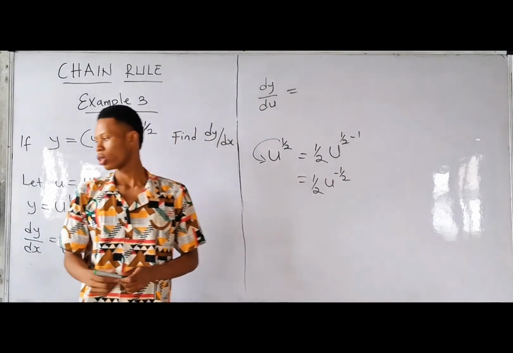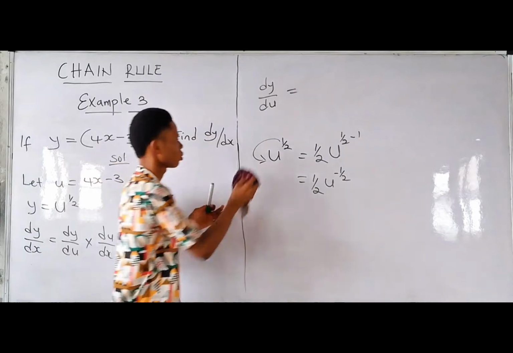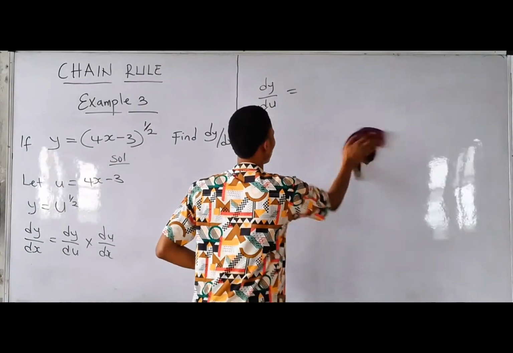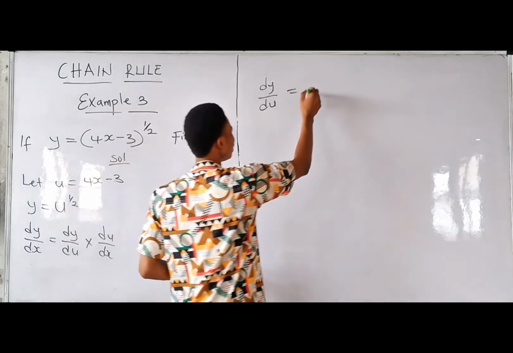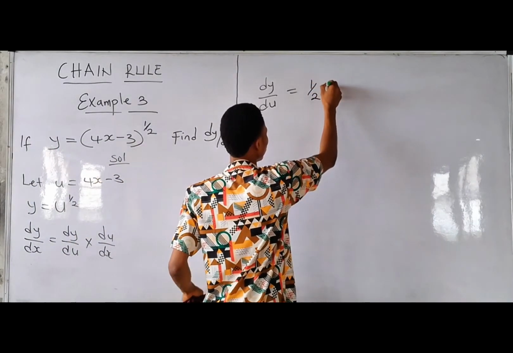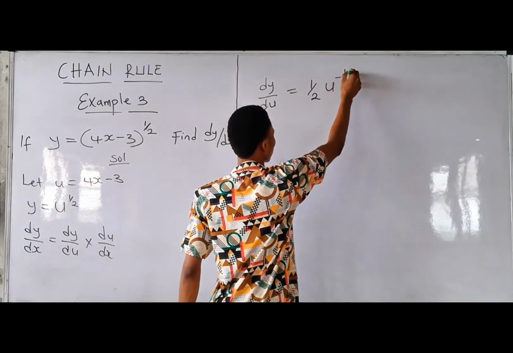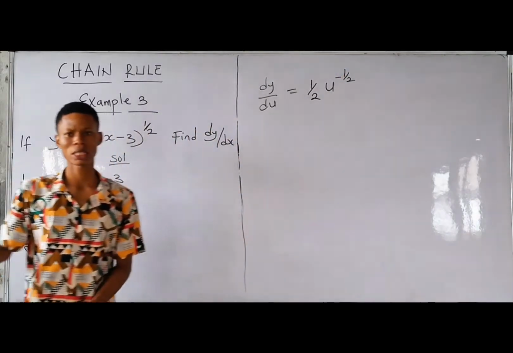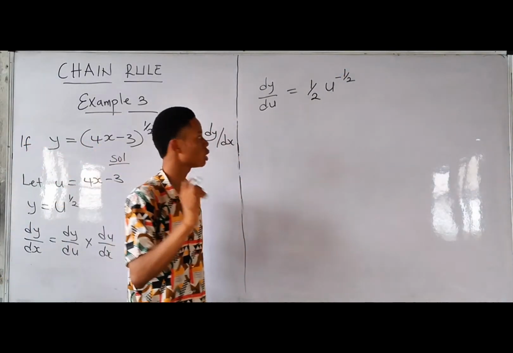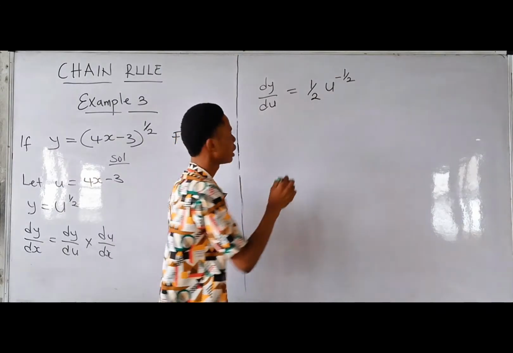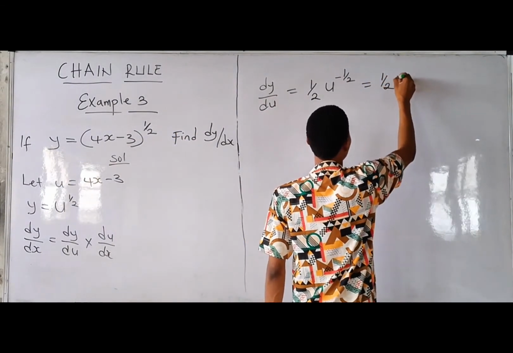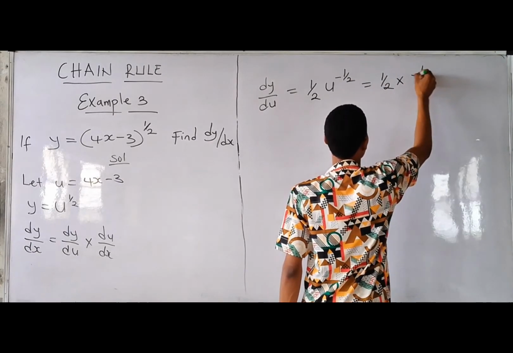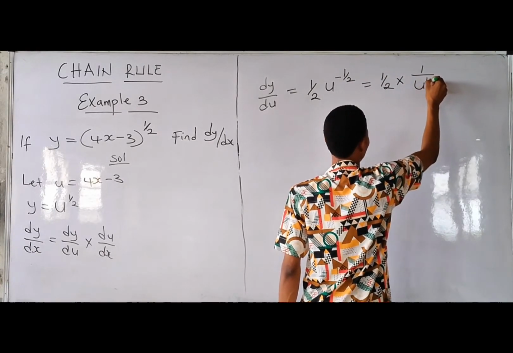Good. So if we differentiate u raised to power half, we'll be having half u raised to power what? Minus half, right? But you agree with me from the laws of indices that this is the same thing as saying half times 1 over u raised to power half.